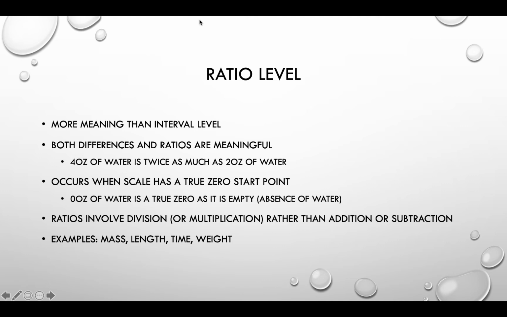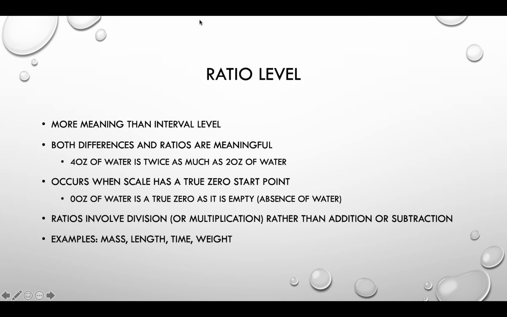Now, ratio level has more meaning than interval level. Why? Because now not only can we do differences, but we also have meaningful ratios. This is when we're getting into the measurable data. So here, 4 ounces of water is twice as much as 2 ounces of water. Now we do have a true 0 because we certainly know what 0 ounces of water is.